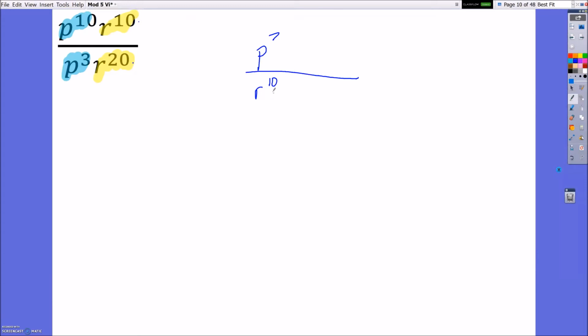I want you to realize when you're subtracting these, the final answer is always going to be where there is more. On the top, there are more p's on the numerator than the denominator, so p to the 7th was on top, whereas with r to the 20th there was more on the bottom, so when I simplified r to the 20th and r to the 10th, I have more left over on the denominator.